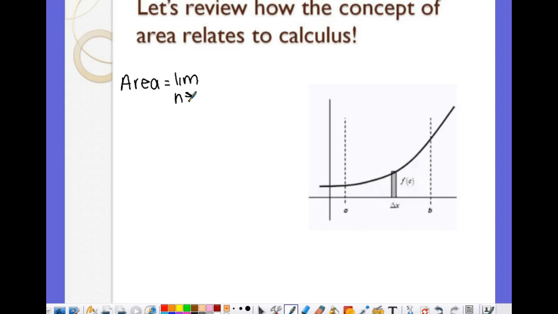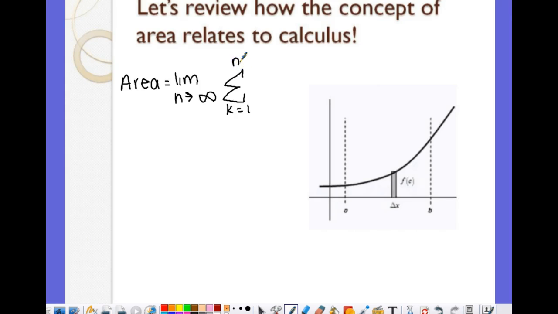What did we try to do to that n? Yeah, we wanted to make it infinite, right? So we have an infinite number of subintervals, meaning we have a million, trillion, billion tiny little rectangles underneath there, and we wanted to sum them all together. So we summed up all those little rectangles, and we went from one rectangle to a bunch of rectangles.